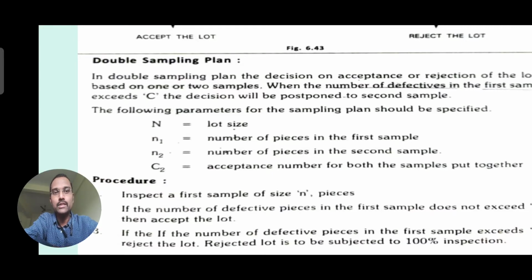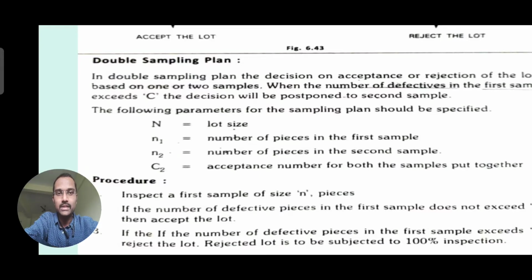It also depends on some parameters, like capital N, the lot size, and the 2 samples to be considered, N1 and N2: the number of pieces in the first sample and the number of pieces in the second sample. C2 is the acceptance number for both the samples put together.